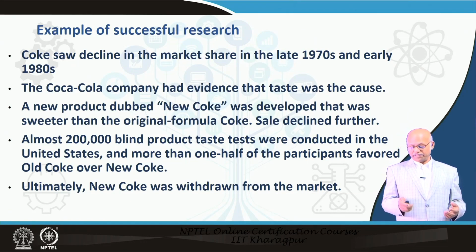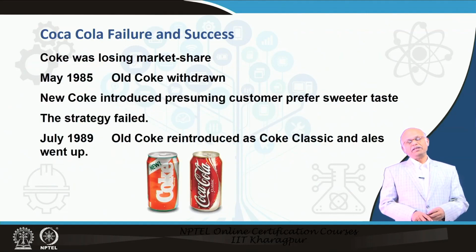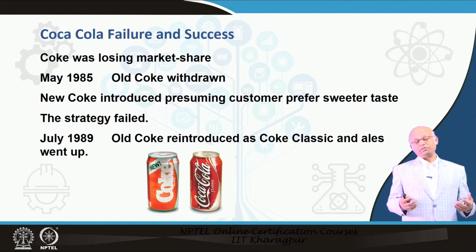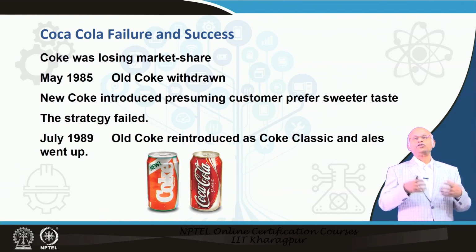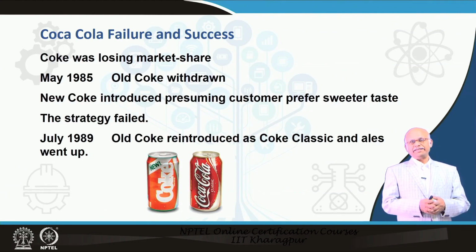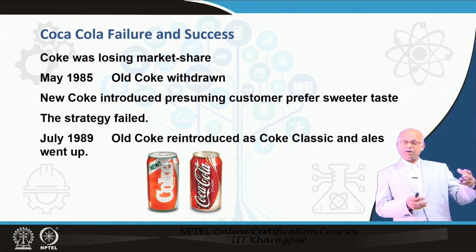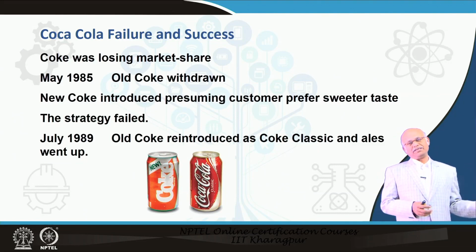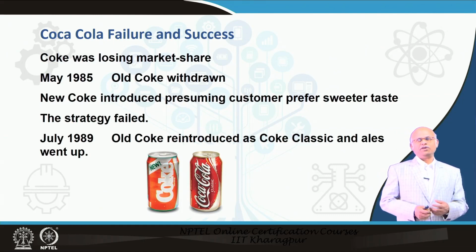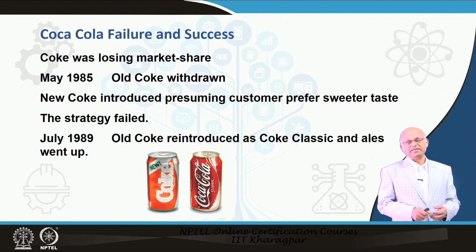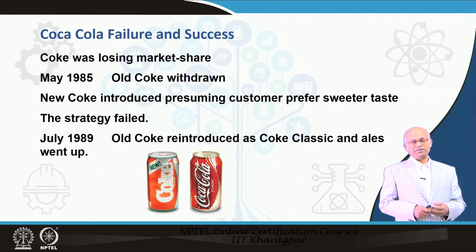So, after this experiment, they introduced a new Coke that was tastier in terms of sweetness. They introduced it as new Coke, because they did not want to confuse the customer with the classical Coke. They did not say it is Coca-Cola, they said it is new Coke, but to their surprise, sales went down.